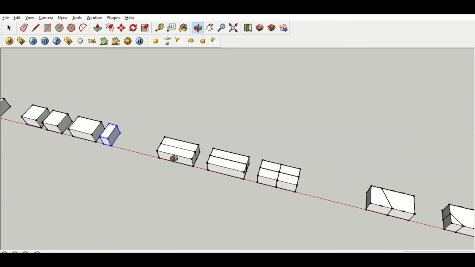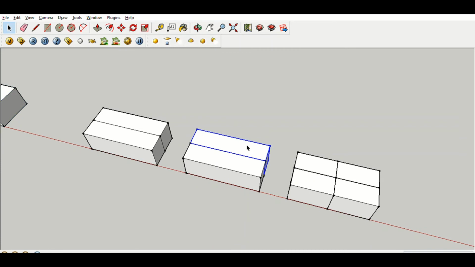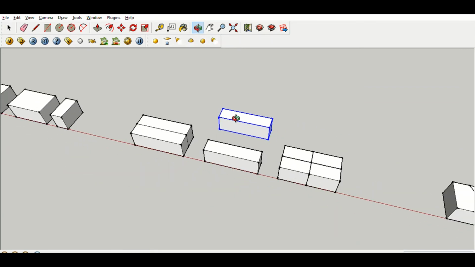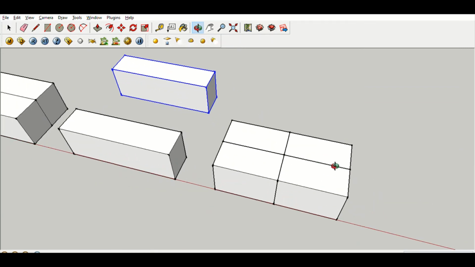You will get two equal parts like this. This is called queen closer. Now if you further cut it into half like this, you will get this part like this. This will be called quarter closer.